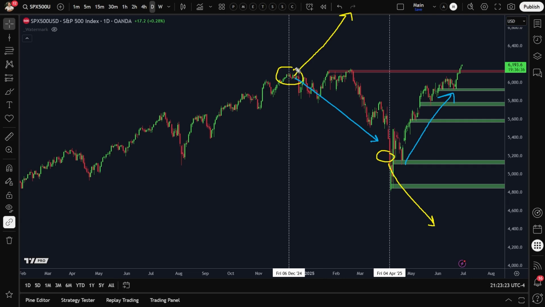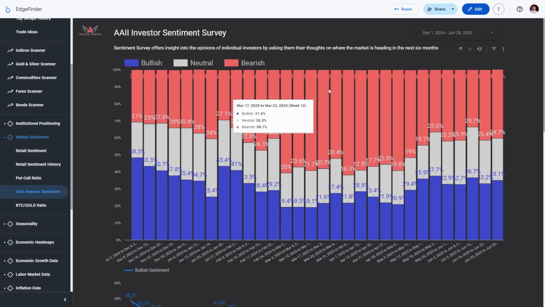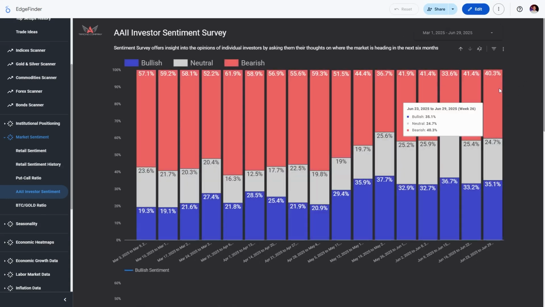Just when everybody thinks it's going to go up, the market goes down. Just when everybody thinks the market's going to go down, the market goes up. Like I said, this is not a perfect timing tool by any means, but understanding the environment that you're in and the general sentiment of the crowd can be a very powerful contrarian indicator and can help spot larger, longer term reversals in financial markets.